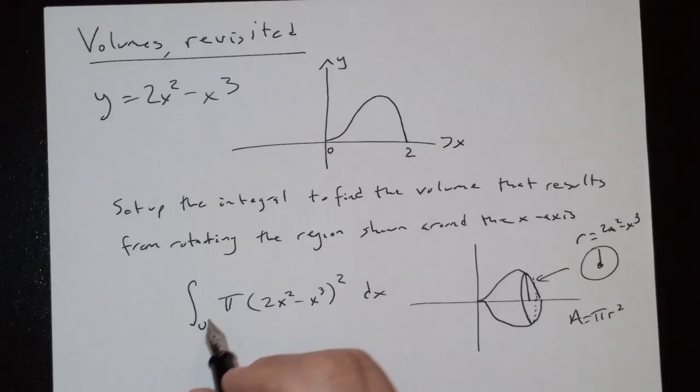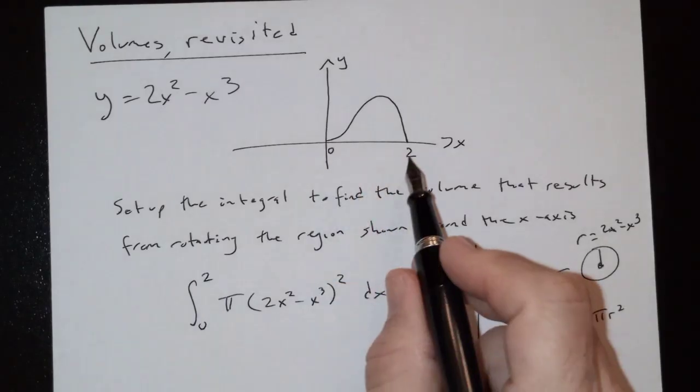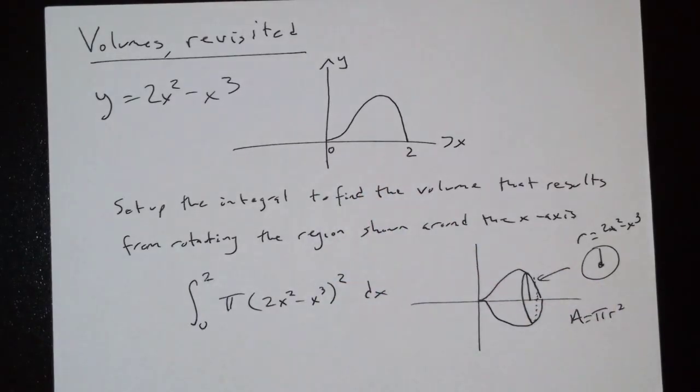It is from 0 to 2, because those are the leftmost and rightmost x values involved in this problem.